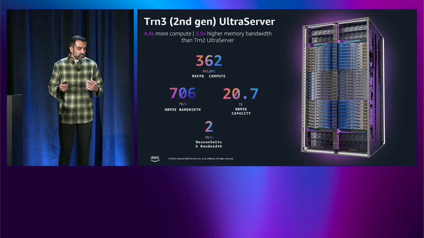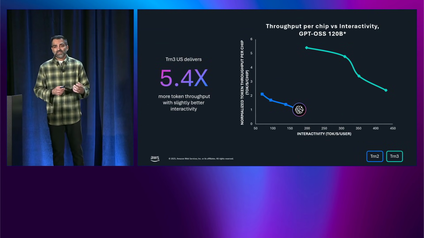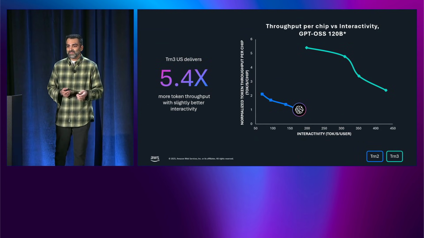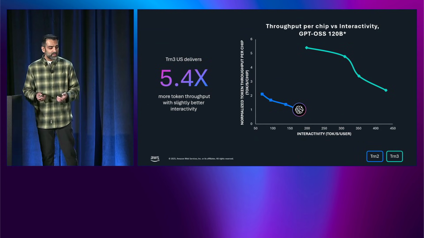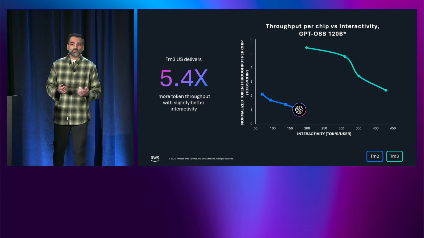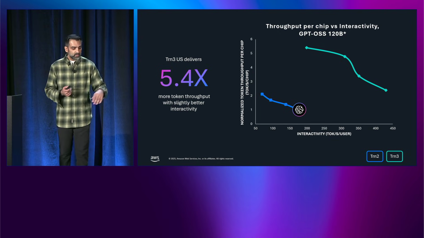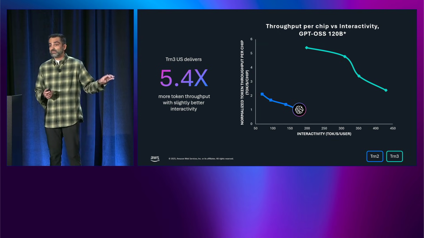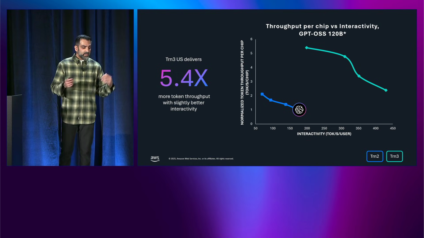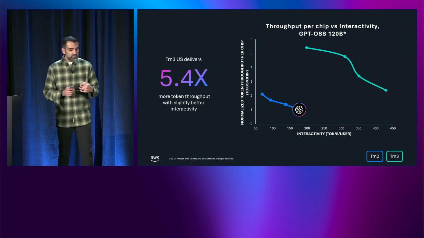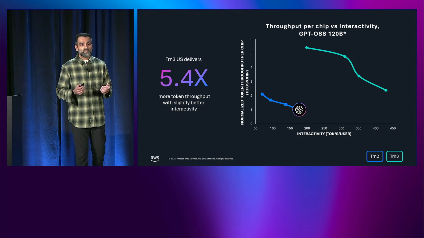And so with this, now, all the specs on the slide are always maybe a little dry. What does this really mean from a performance perspective, right? So there's 2 ways to look at what this performance really means. The bottom blue line here, that's our Trainium 2, our previous architecture. And the light blue line above it is our Trainium 3 Ultra server.